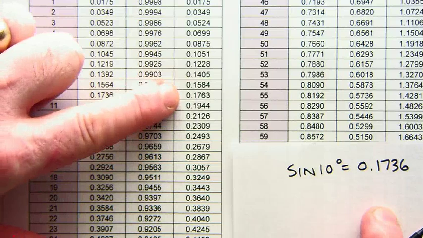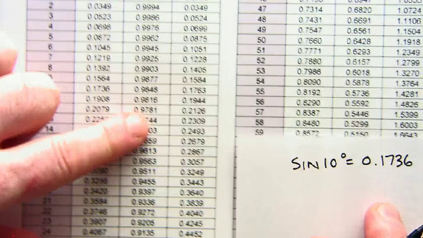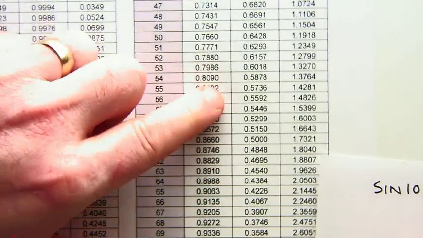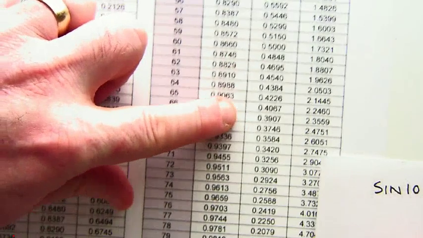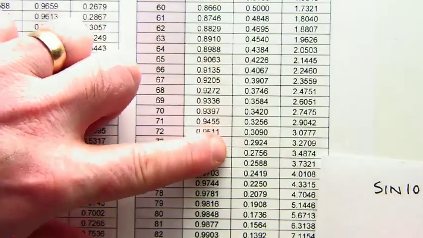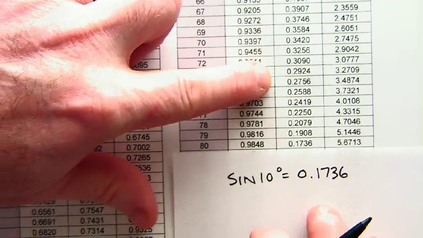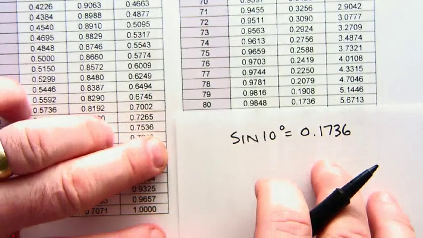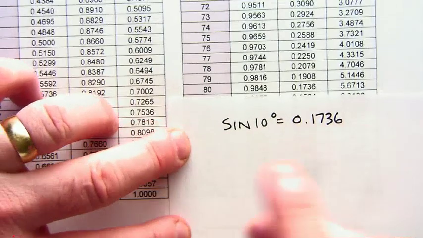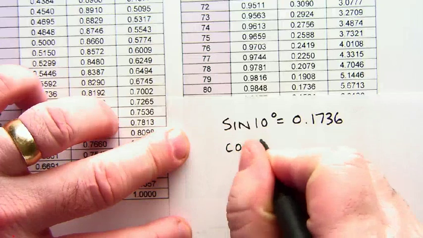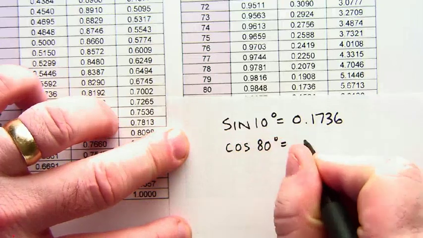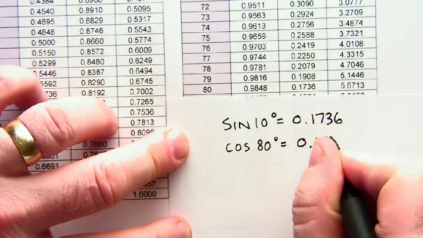Over in tangent, not quite close. Let's see here. The numbers are getting smaller for cosine. So here I go. Hey, look at that right there. Take a look at that. That's an interesting thing, is that cosine of 80 has that exact same value.